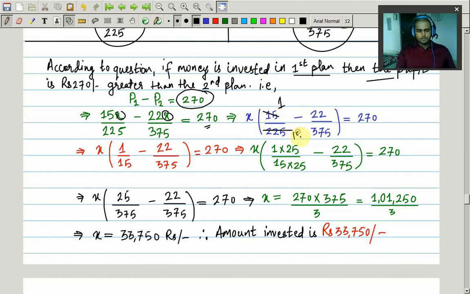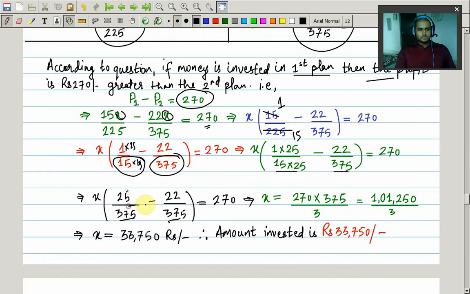So I have written 1 upon 15 minus 22 upon 375 equal to 270. Now I need to take LCM, so multiply this by 25 and multiply this by 25. Why? Because 15 into 25 is 375. So this is 375, this is 375. So this is the step I have written.